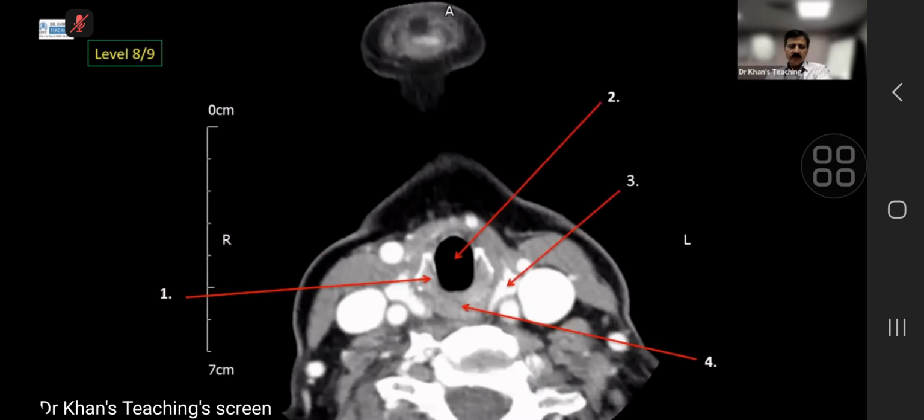And then second last. What is number one? Cricoid. What is number two? Number two, this airway. So the trachea will be inferior to the level of the cricoid, right? So this is the infraglottis.